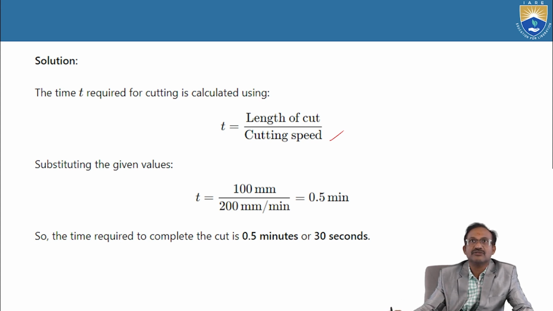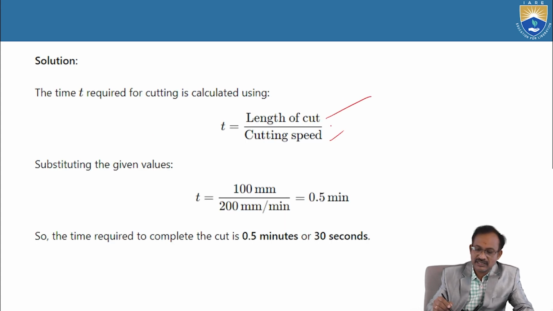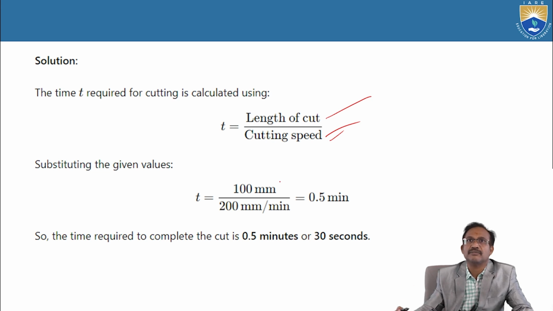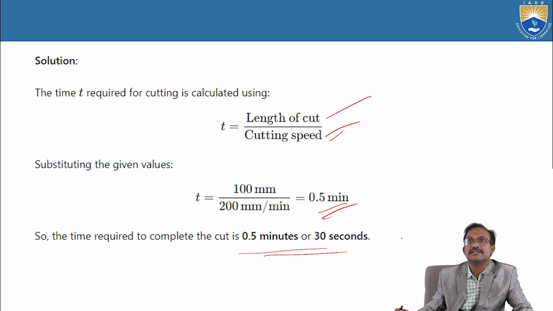Substituting the given values, so simple mathematics, the ratio of length of cut to cutting speed gives the time for cutting, that is 0.5 minutes or 30 seconds.